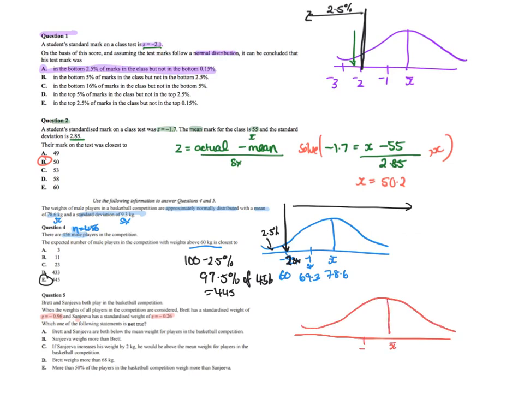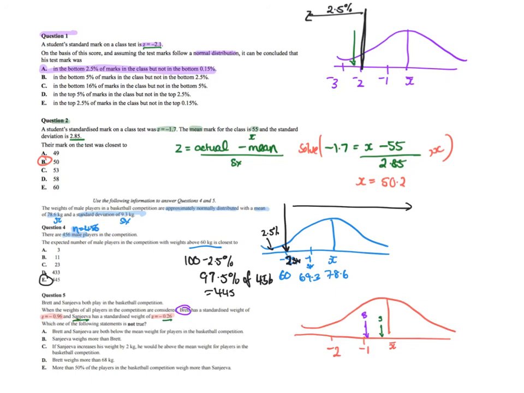So if I go -1 and then -2 standard deviations. Brett is negative 0.96, so he's nearly here at 1. So there's Brett. And Sanjeev is at negative 0.26, so he's closer up to the mean. Alright, so this might help me answer these questions.